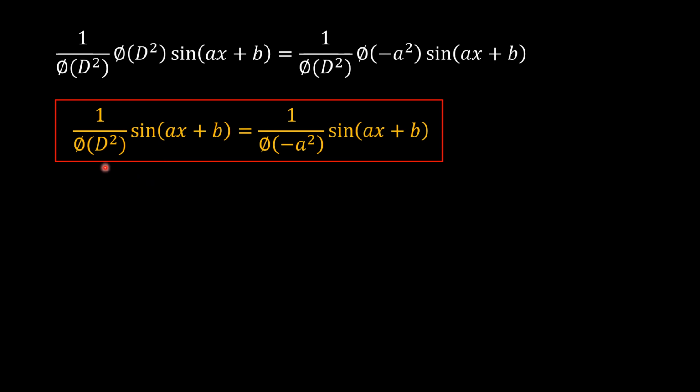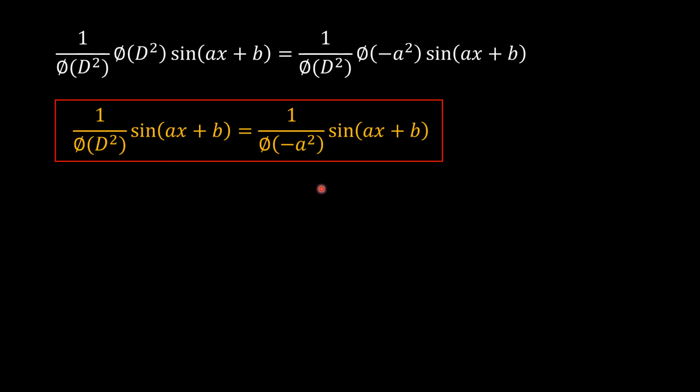So how do we get all the D square terms in the phi of D polynomial? We can write D raised to 5 as D into D square its square. D raised to 4 can be written as D square its square. D cube can be written as D into D square, and so on. So all such D square terms will be replaced by minus a square.